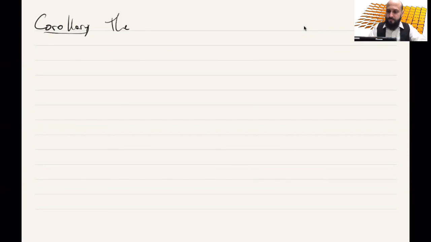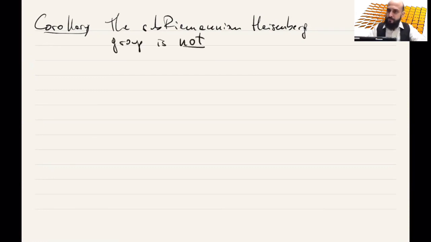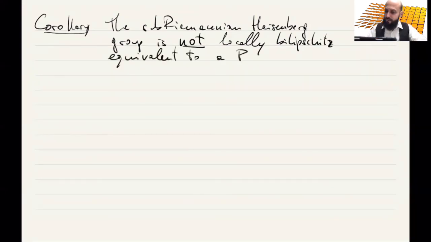The subRiemannian Heisenberg group is not locally Lipschitz equivalent to a Riemannian manifold.